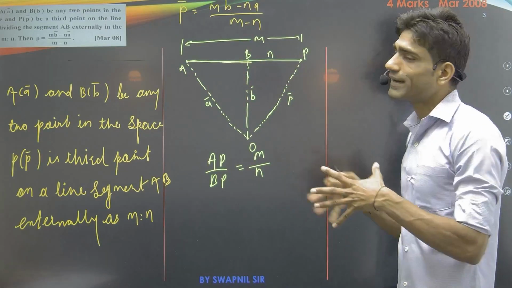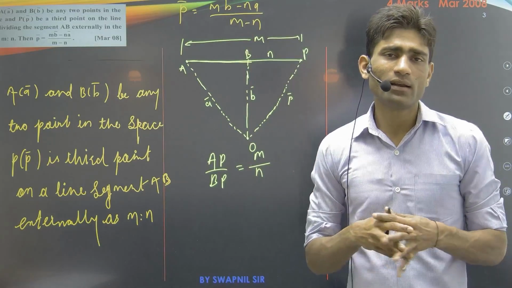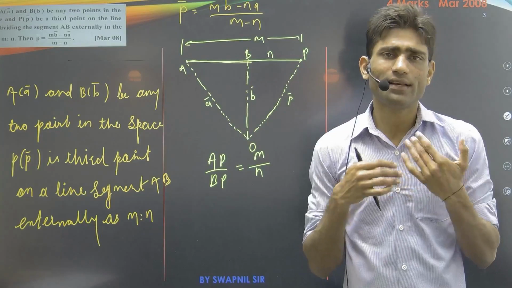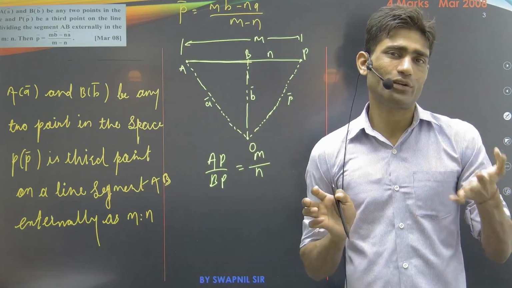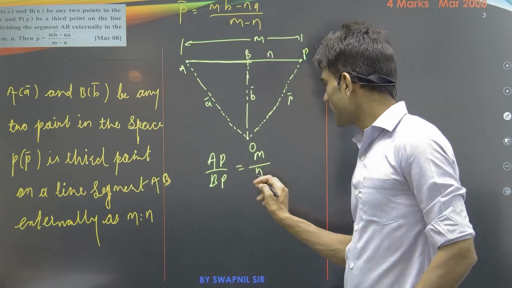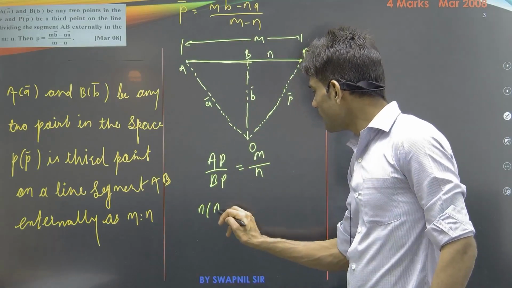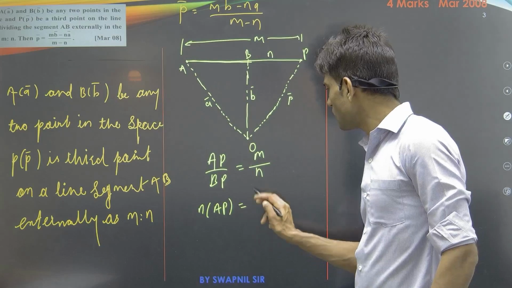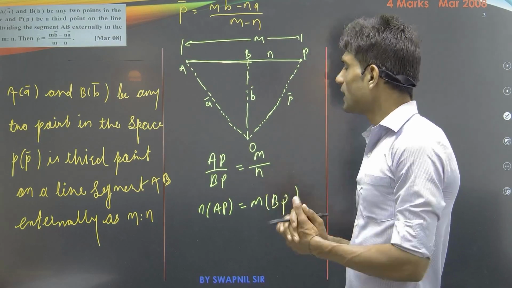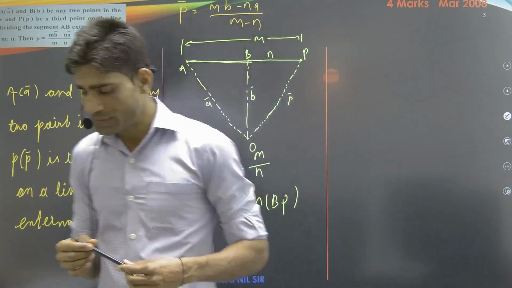This is the ratio I have taken from our given data. That's it. Once we get that ratio, we just need a simple calculation after that. So let's go for cross multiplication: n times AP is equal to m times BP.